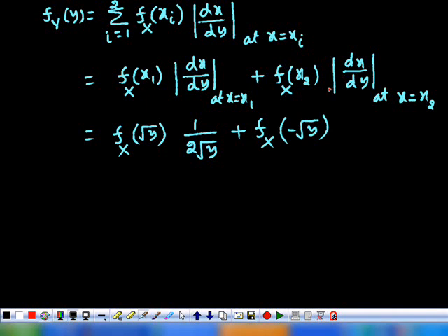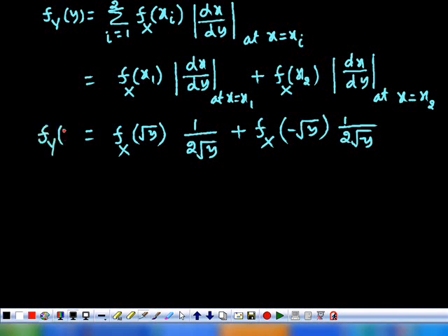So here we have the modulus of that, 1 by 2√y. Understood. Have we got the same result as we obtained in the previous case? That is the difference. Both the procedures are correct, but this is the more generalized one. Here we have derived an expression for the relationship between fY(y) and fX(x).